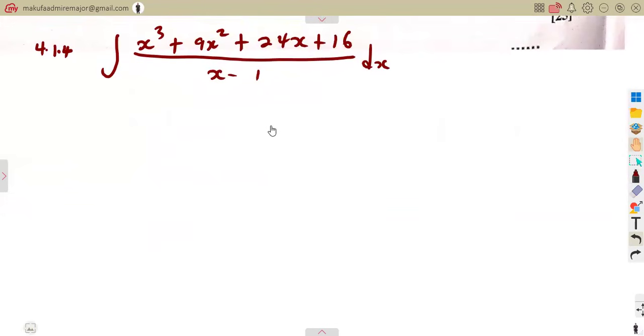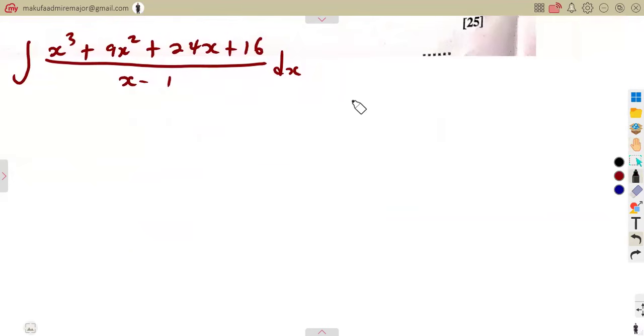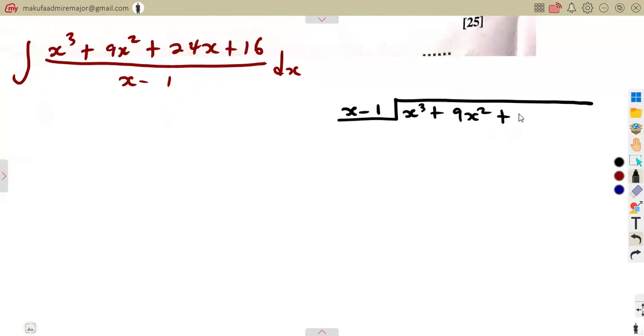So there we are going to apply our long division. We can't use anything of a partial fraction here. So let's use our long division first. Divide these two, x minus 1 into x cubed plus 9x squared plus 24x plus 16.